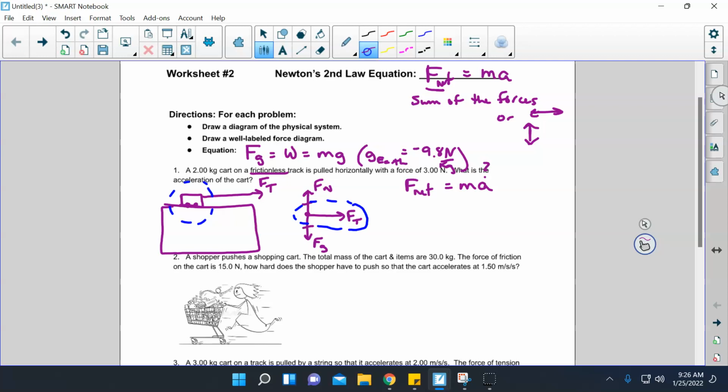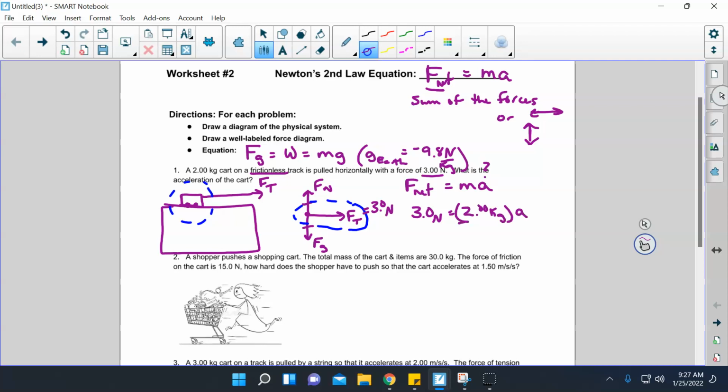So in the problem, it said that this was pulled with a force of 3 newtons, so that's what this force tension is. So that's what my force net is going to be because that is the only force acting on it, equals mass, and the mass of the cart is 2 kilograms times a. So I need to solve for a.